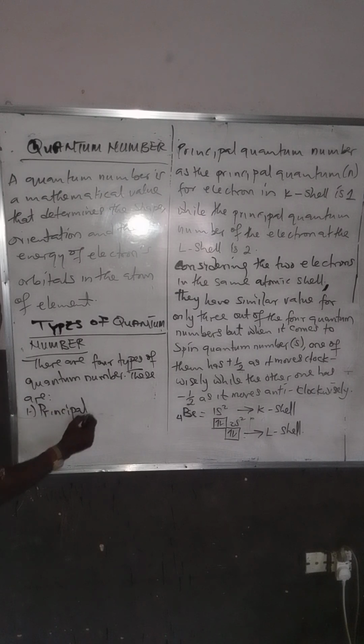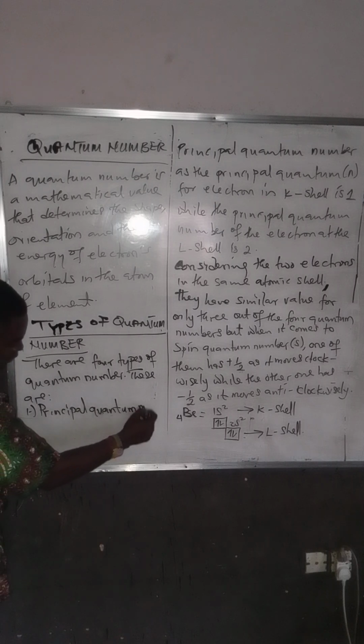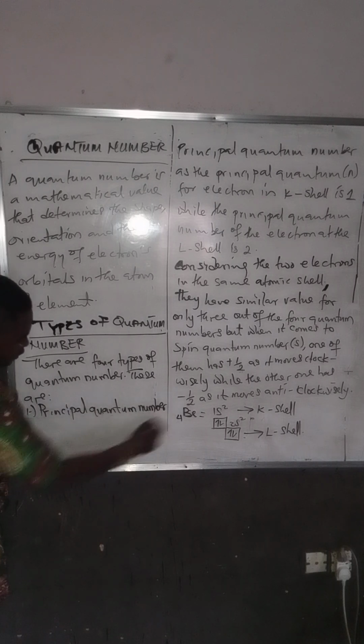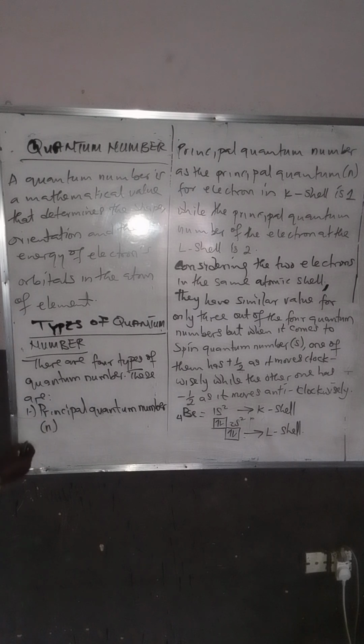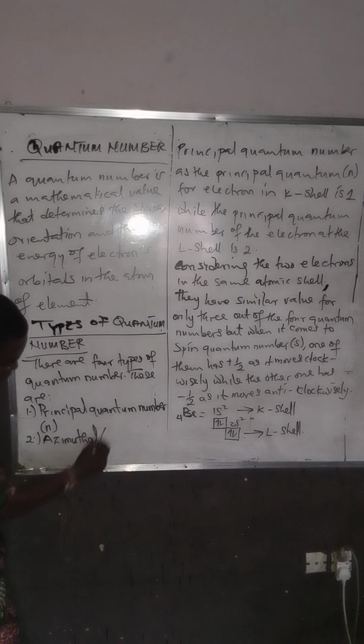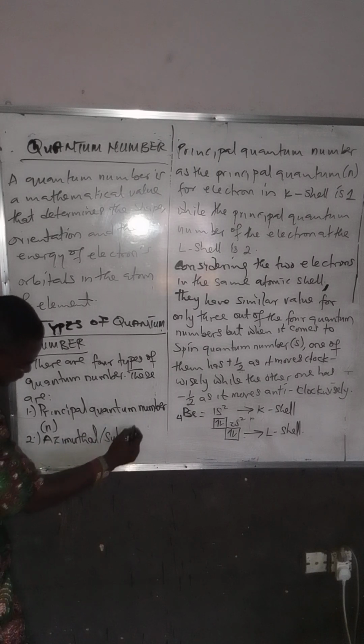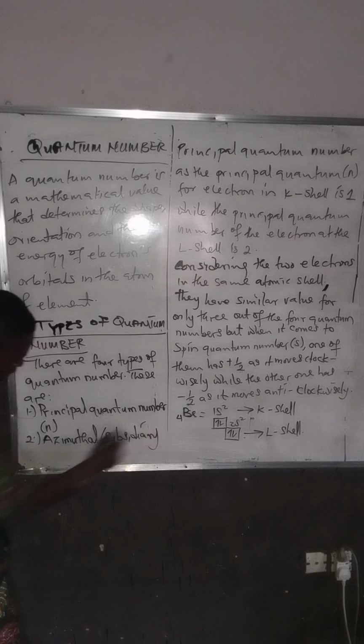Principal quantum number, which is denoted by small letter n. 2. Azimuthal or subsidiary quantum number.